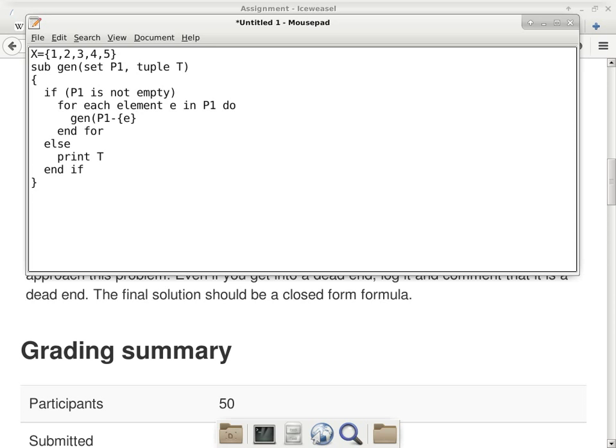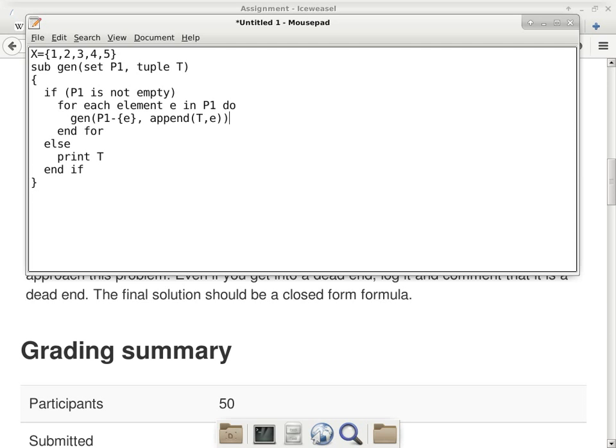So you have to remember to take the element E from P1 when you pass it recursively as a parameter to the next invocation of gen. The same token applies to E in the context of T, which is a tuple. So the tuple T needs to have E appended to it. So you basically have to look at the result of appending element E to the end of T as a tuple and pass that along to the next invocation.